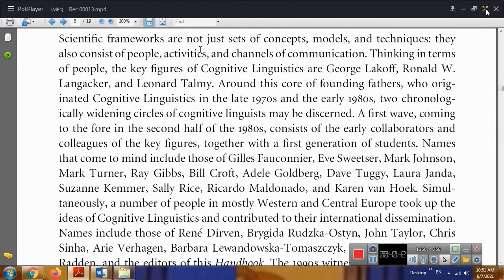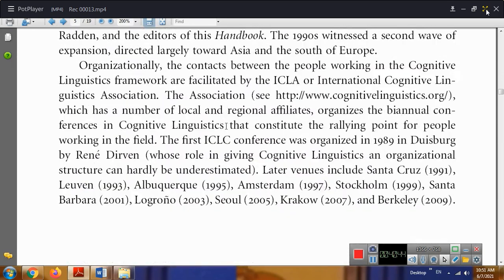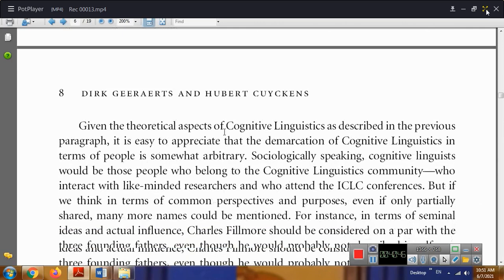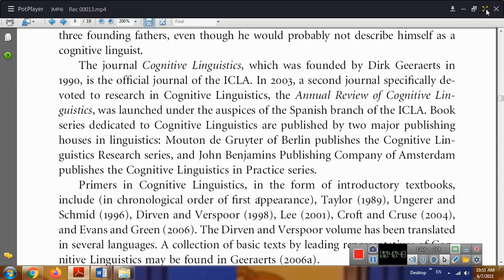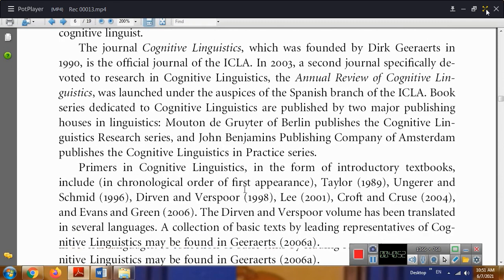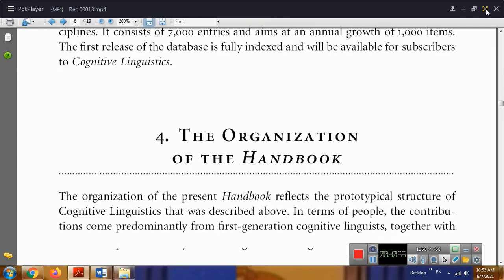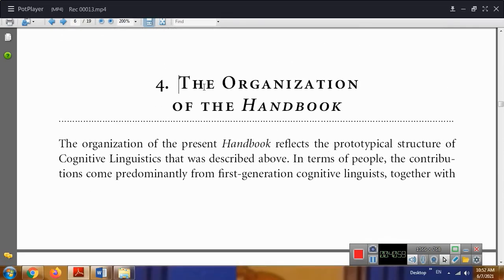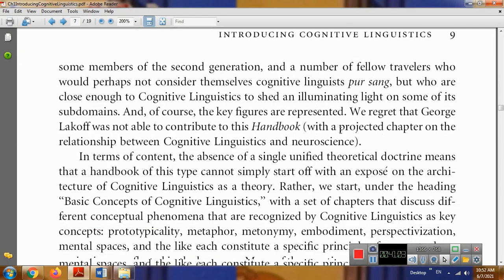And here again it refers to the date and the important person of cognitive linguistics, and this information, which is about the journal and the conferences of cognitive linguistics, is not important. This title, the organization of the handbook, is not important at all.